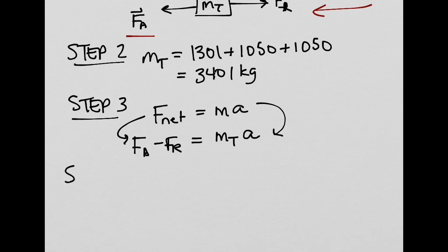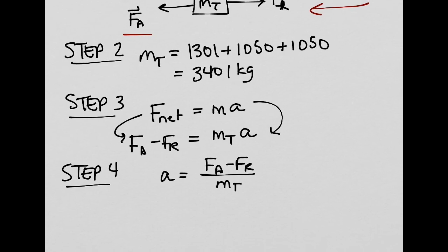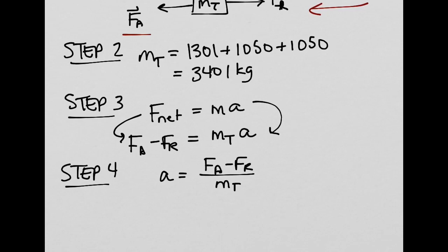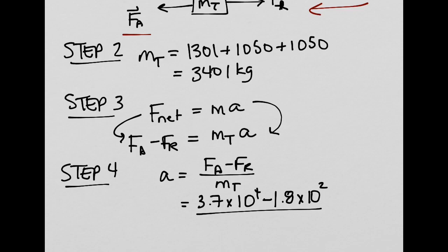And for step 4, you just solve for a. So I'm going to rearrange the equation by just dividing by mt. So a equals 3.7 times 10 to the 4, take away 1.8 times 10 to the 2, all over 3401.